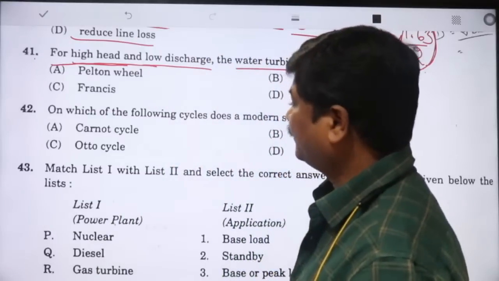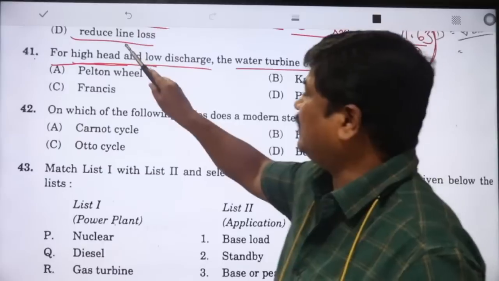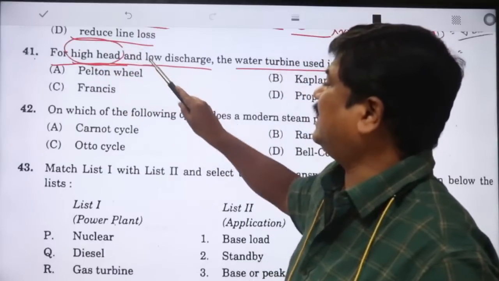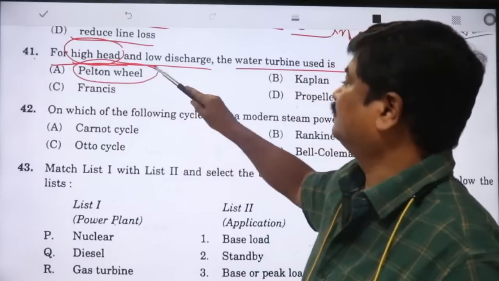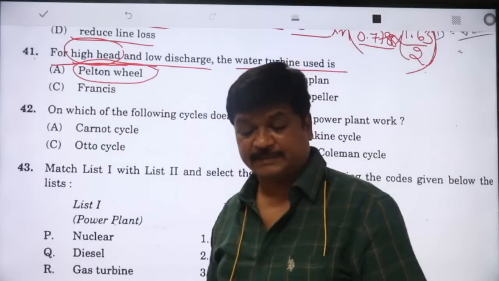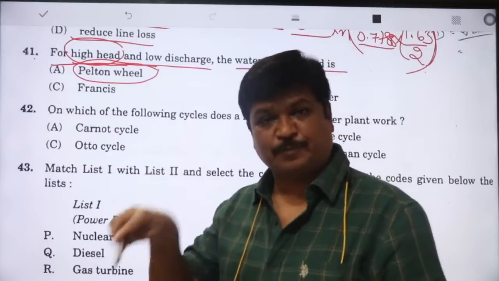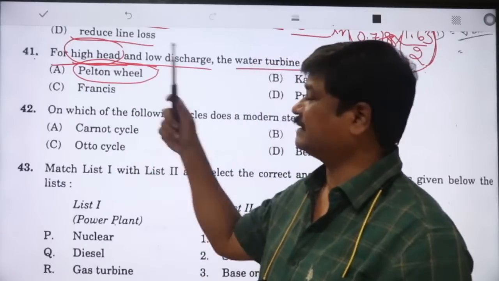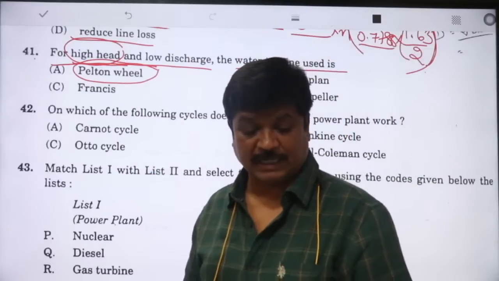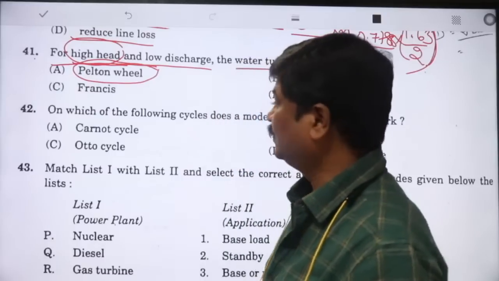Okay? So, high head means basically a Pelton wheel. Medium head is Francis. Low head is Kaplan. Very low head is propeller. High head is Pelton wheel. Next.